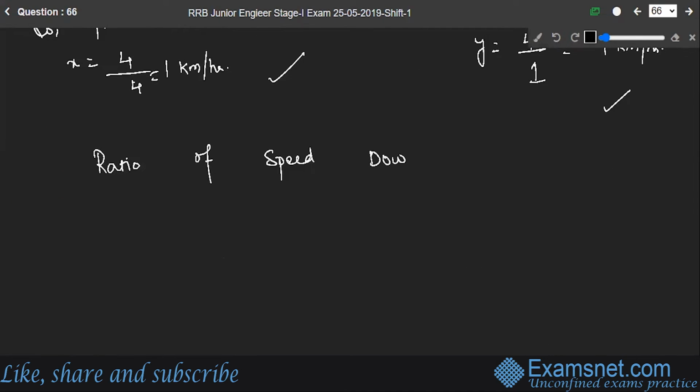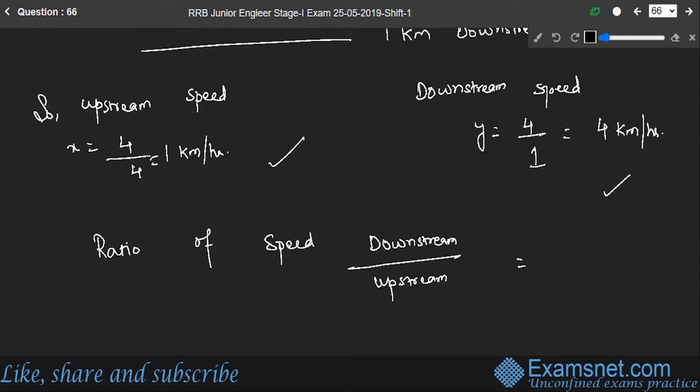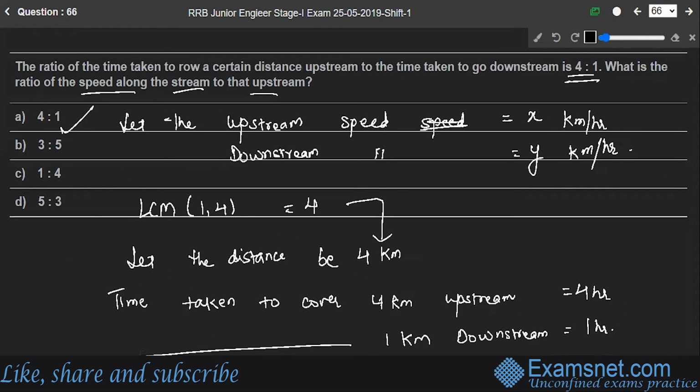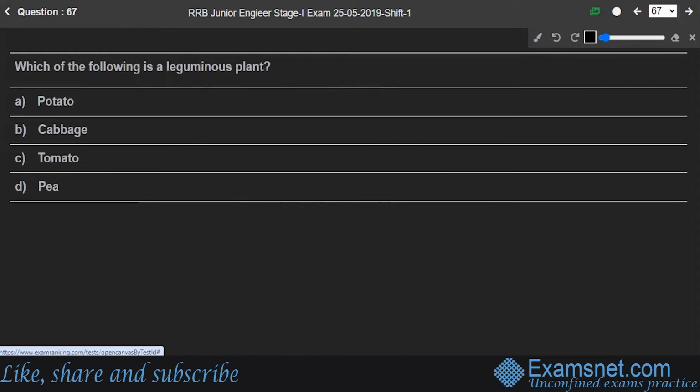To downstream upon upstream. So this is for the downstream and upstream. This is 4:1, right? This is the answer. First option A. This is the right answer to the question. Hope you understood that. Next is question number 67.